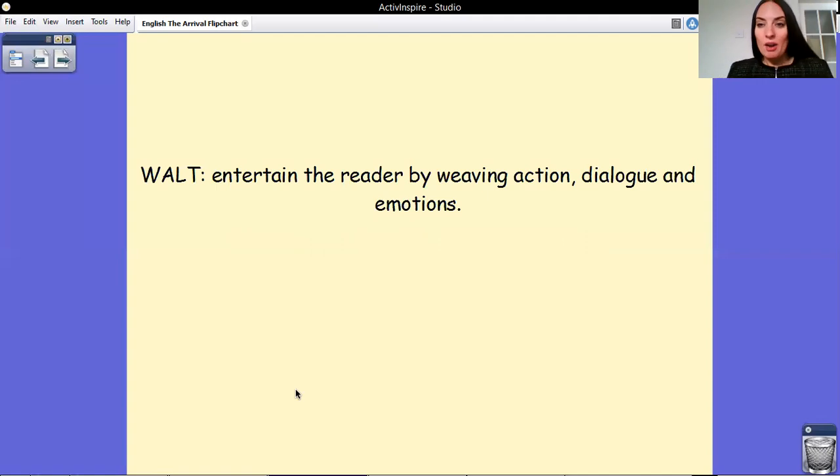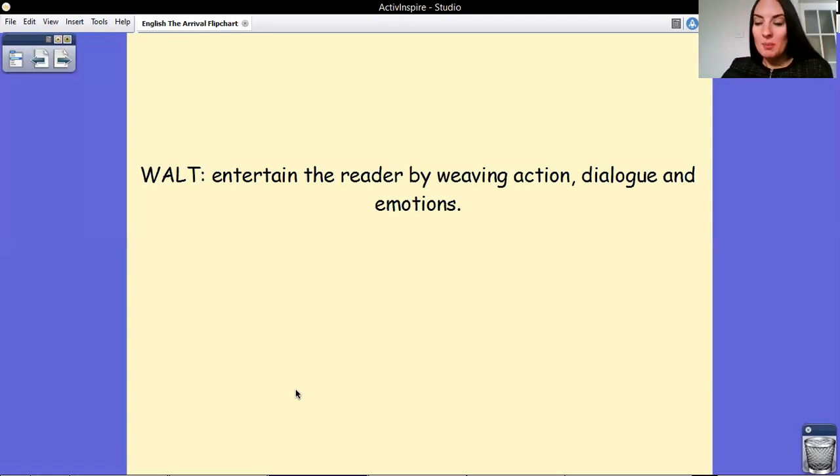Okay, so next in our improving is we are going to make sure that we entertain the reader by weaving action, dialogue and emotions. Now you've edited your basics, you're going to read your writing from start to finish with obviously your bits edited. And you're going to think about, have you used enough dialogue? Have you used too much dialogue? Has it just turned into a continuous conversation rather than a story with actions and emotions in?